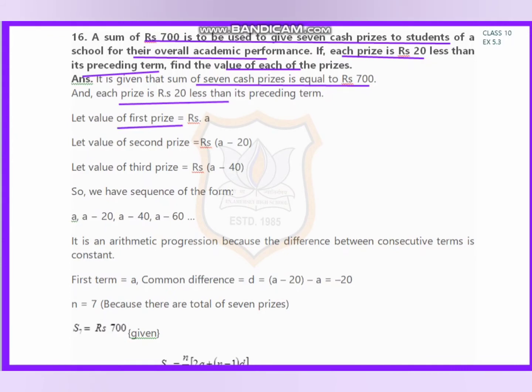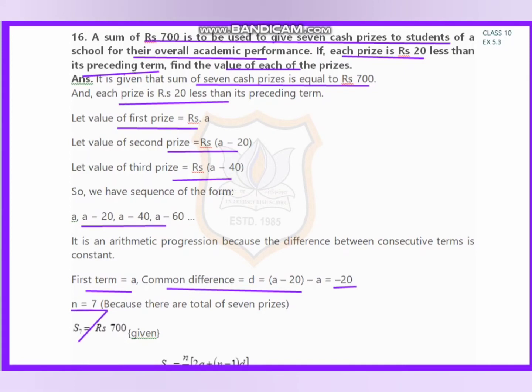Let the first value be a, second value be a minus 20, third value be a minus 40, and so on. We form a sequence of a, a minus 20, a minus 40, a minus 60, and so on. Here the first term is a, and the common difference is a minus 20 minus a, so we get a common difference of minus 20, and here n equals 7.